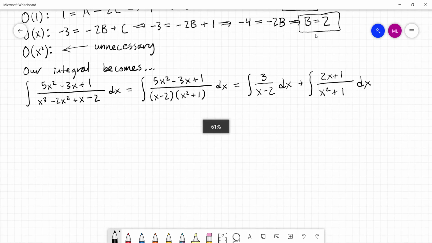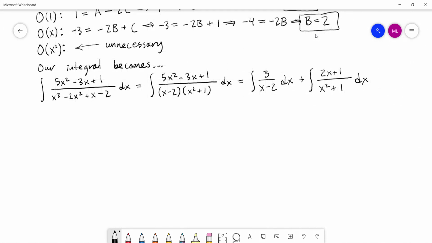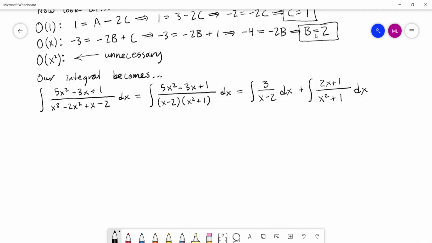So here are our two integrals. How are we going to deal with these? I could even split this one up into a third integral, and that might even be the easiest thing to do. So let me just write that out one more time.